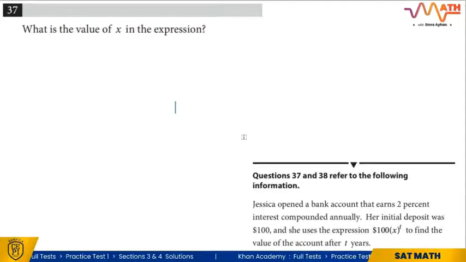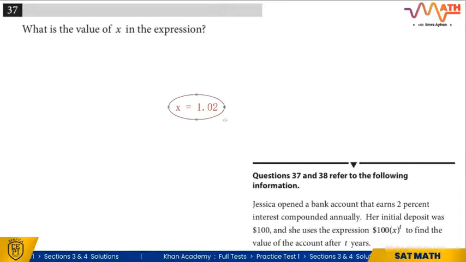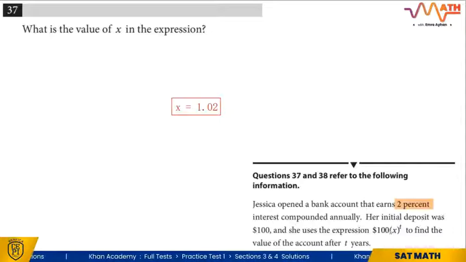Compound interest is an increase, right? x must be 2% increase, which must be 1.02, because each year it will increase 2%. To increase 2%, we multiply by 1.02 each year by the initial amount, right? $100 by 1.02. So it depends on the number of years, it will change. x must be 1.02 at the beginning.